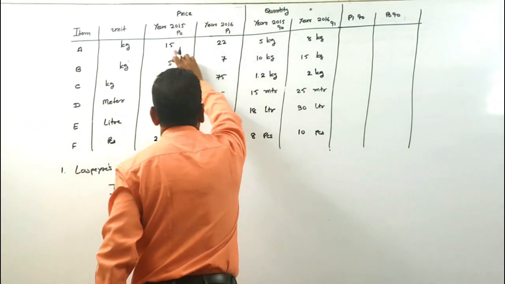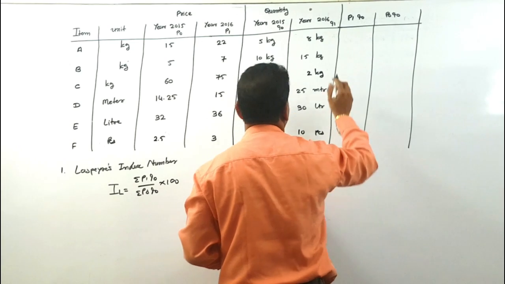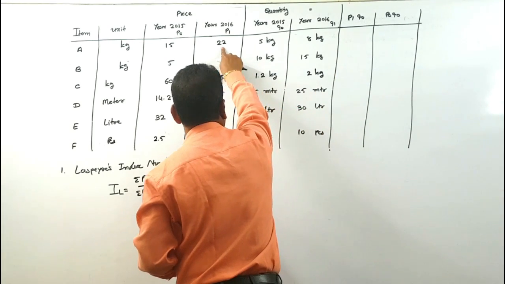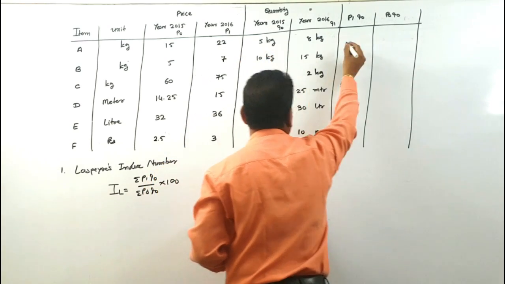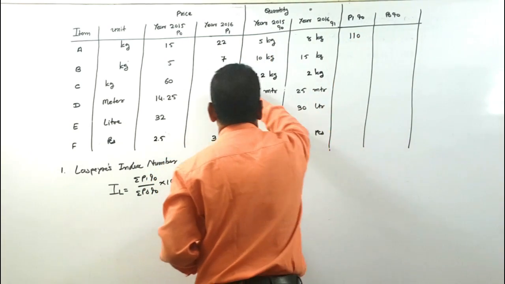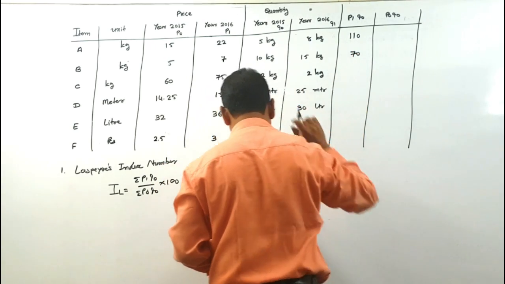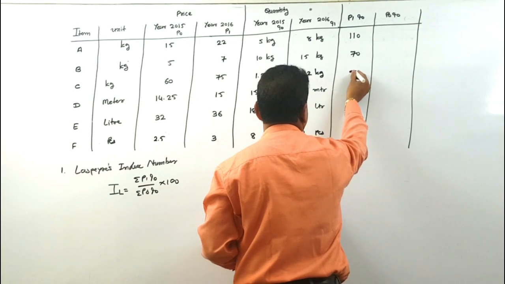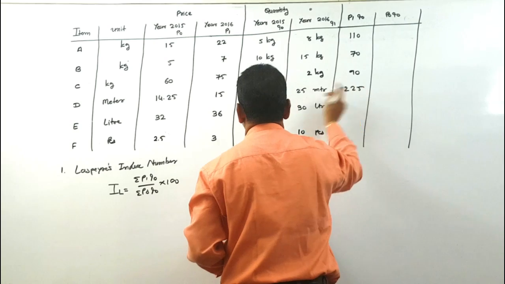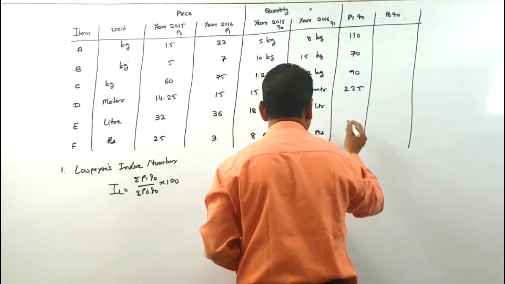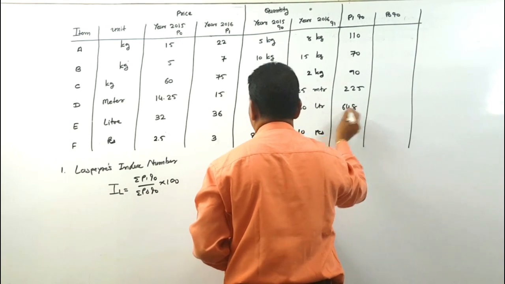P0 into Q0, 15 into 5, that is P1 Q0. P1 here we have 22, and Q0. P1 Q0, 22 into 5, it is 110. 7 into 10, it is 70. 75 into 1.2, it is 90. 15 into 15, it is 225. 36 into 18, 648.